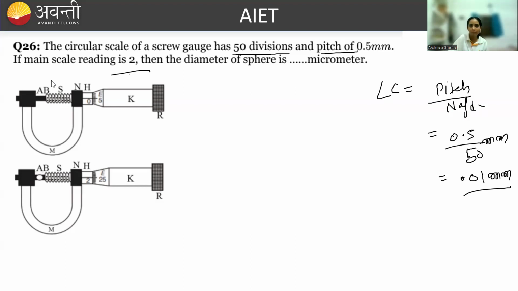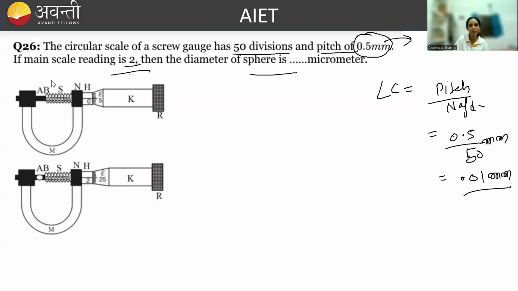So, if pitch is 0.5 millimeter, it means 1 unit on main scale is equal to 0.5 millimeter. Okay? Pitch is equal to 1 unit on main scale, right? So here, if main scale reading is 2, then we can calculate the reading in millimeter. Okay? Then the diameter of sphere is what?